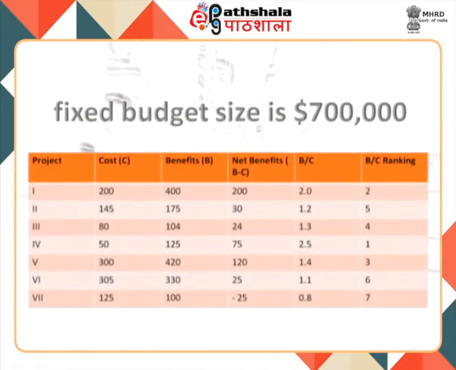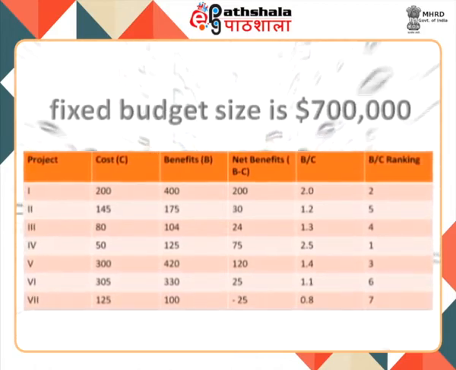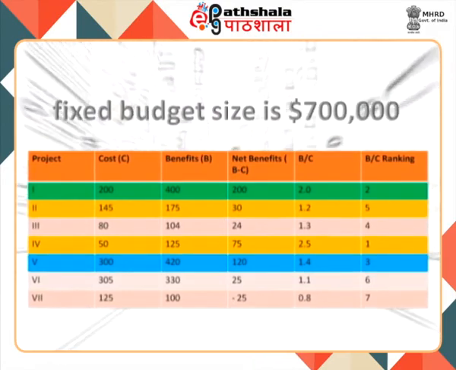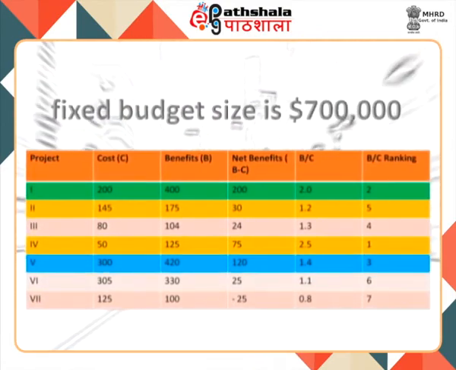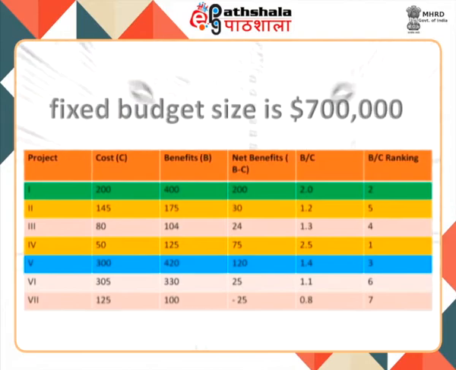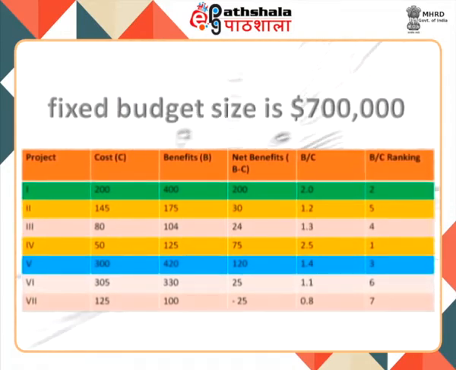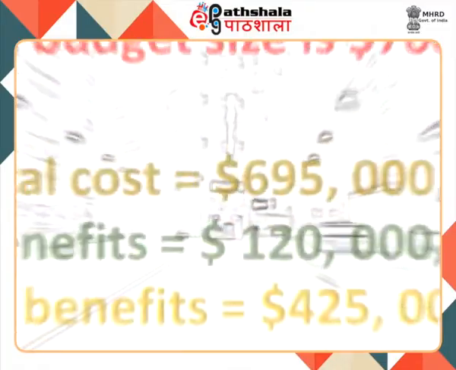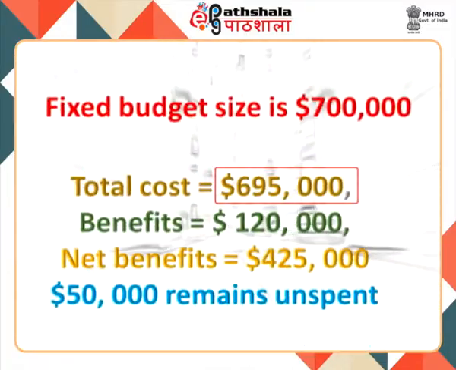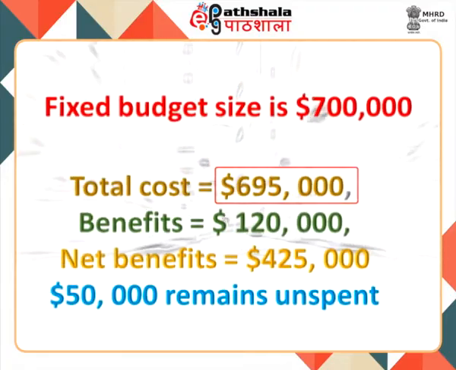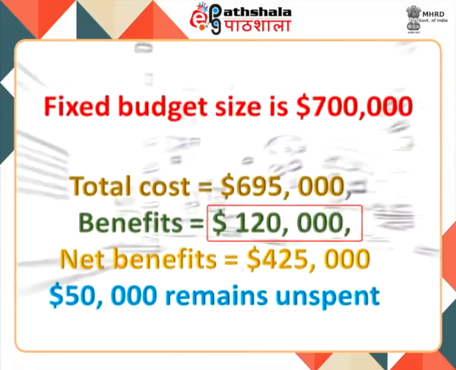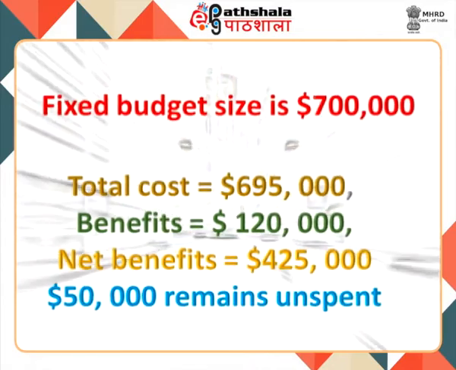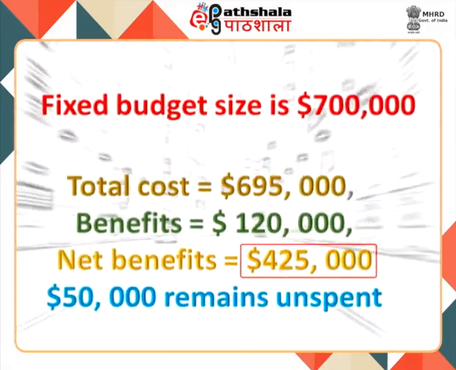Supposing the fixed budget size is $700,000. Experimenting with various combinations of the projects reflects that net benefits are maximized when projects 4, 1, 5, and 2 are chosen. Total cost is $695,000. Benefits are $1,120,000 and net benefits are equal to $425,000.